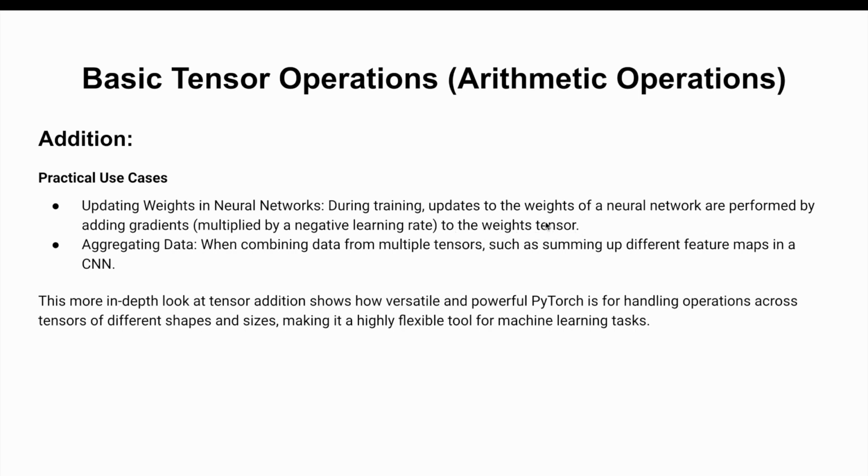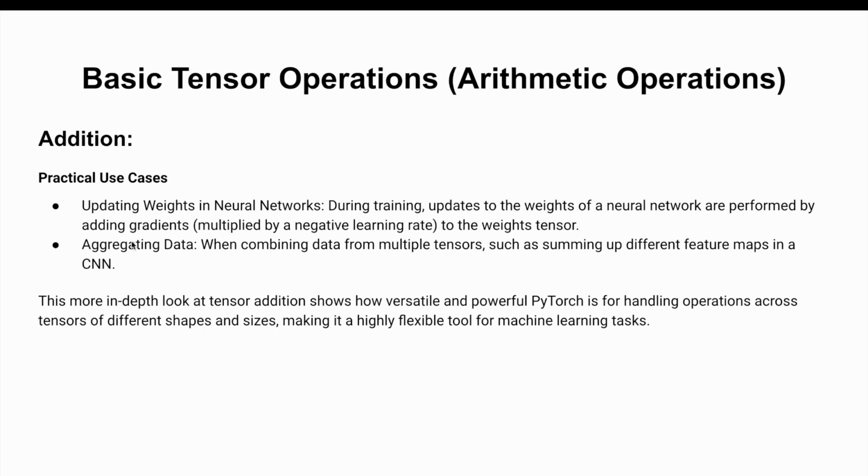Don't worry about this, but just understand that there is a practical use case for these tensor operations. The only thing is that this is normally done by the neural network automatically, and we really don't need to do the calculations, but it's just good to know.